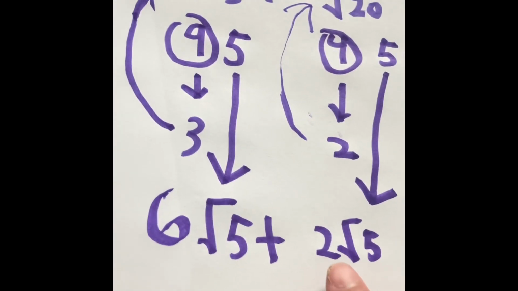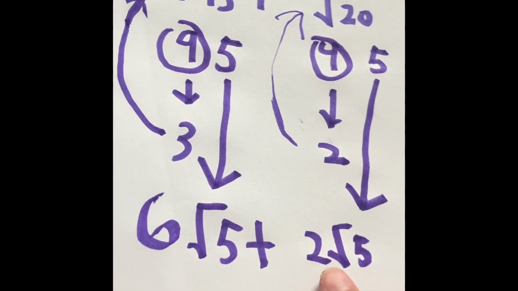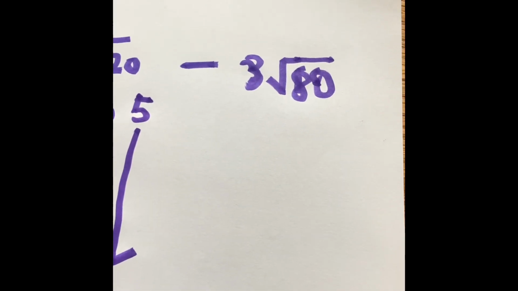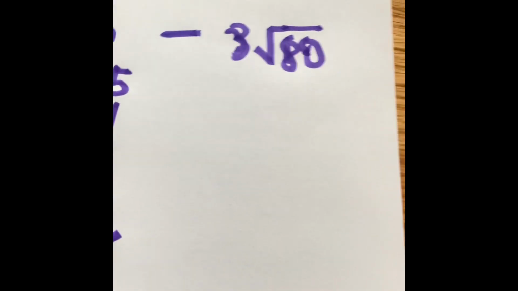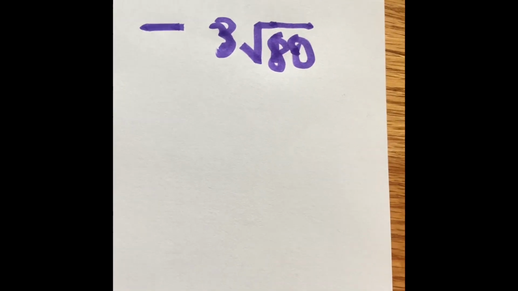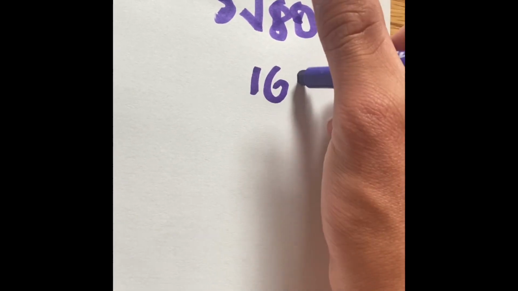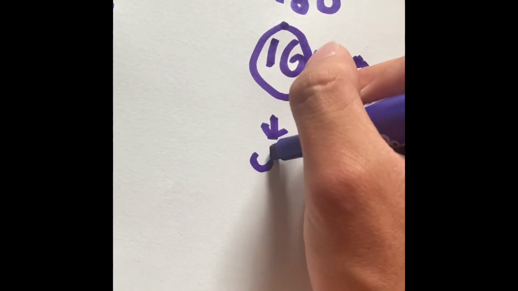We are going to add the 2, but wait, there is another number that we forgot to do. We have to subtract 3 times the square root of 80. What we could do with that one is transform it into 16 times 5. We're going to circle the 16 and transform it into a 4.